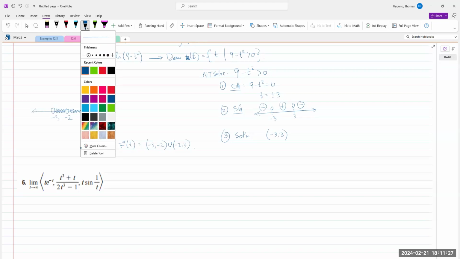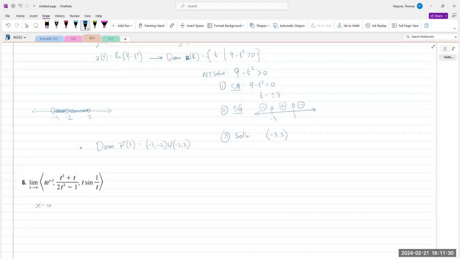Okay, for the x component, limit as t goes to infinity of t e to the negative t. That's the same as limit as t goes to infinity of t over e to the t, and then we apply L'Hopital's rule. We get limit as t goes to infinity of 1 over e to the t. As t goes to infinity, this goes to 0.